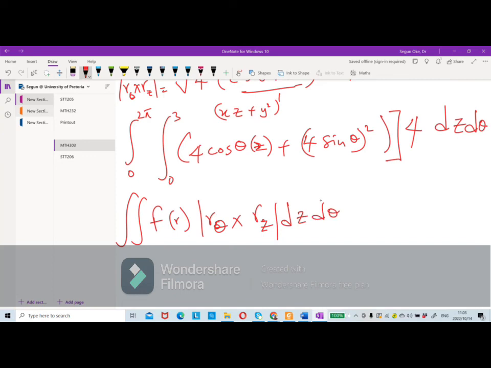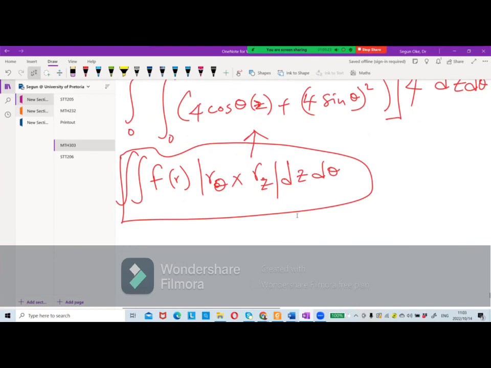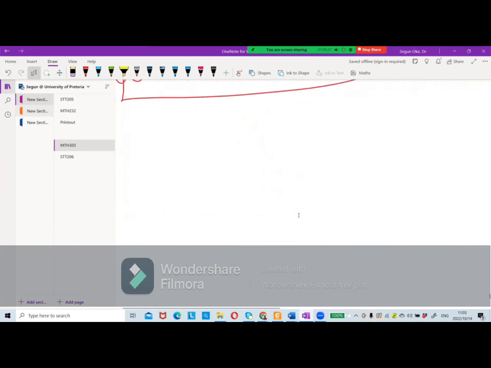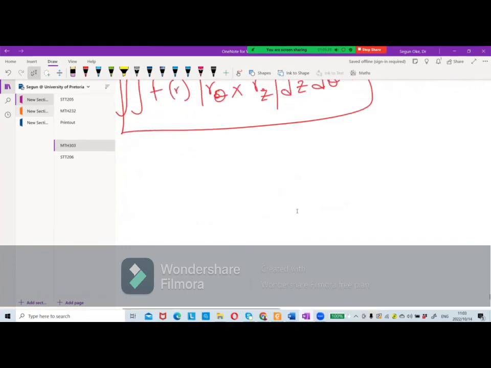So this is what we are substituting into this place, so we can go ahead and solve this one. I believe you should be able to solve this.